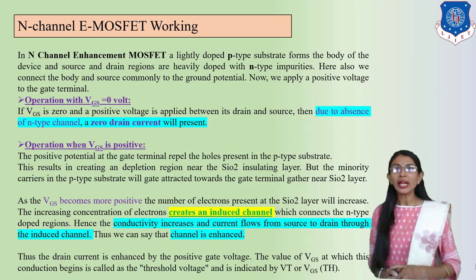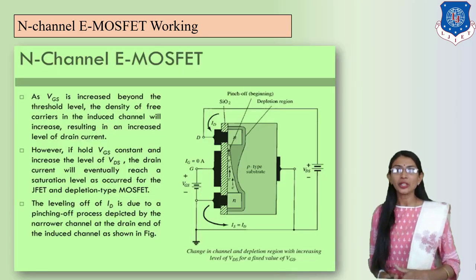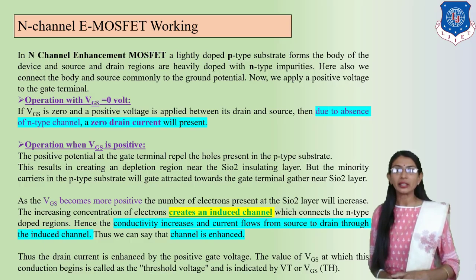So between two N-type doped regions, we will get the induced channel. So the conductivity increases and current flows. Thus, if VGS is equal to 0, there is no current, and if VGS is positive, then current is increased. Thus, current flows from source to drain through the induced channel as shown in this figure. That current is known as ID, that is drain current.